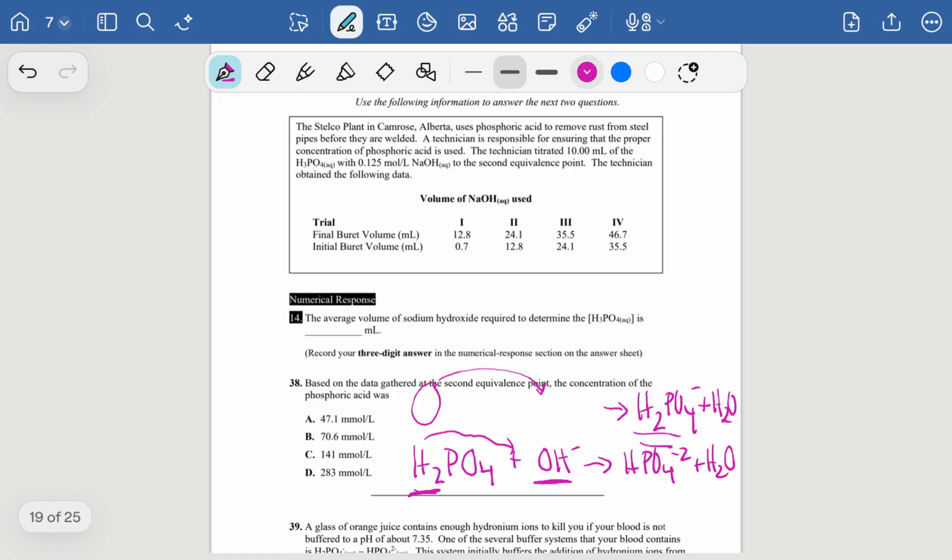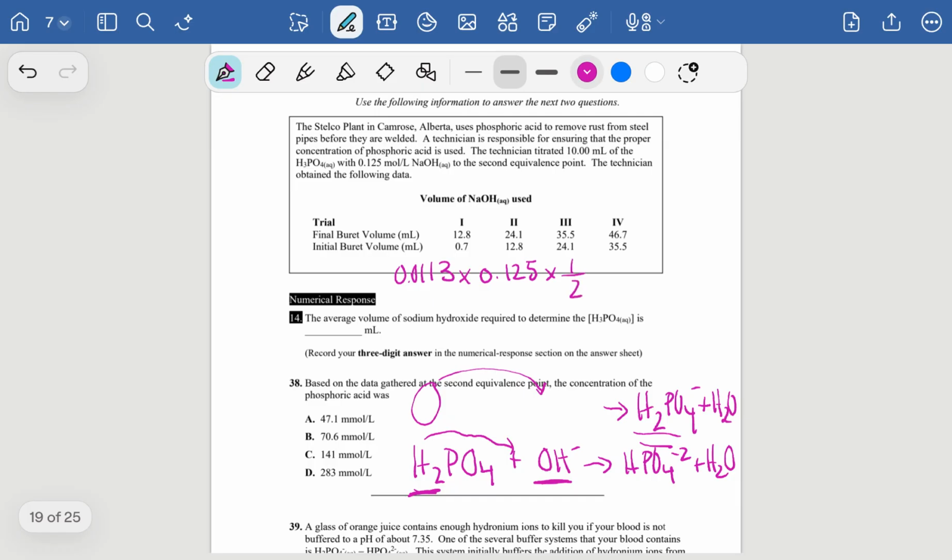So when you go to fill this out, you definitely will need your average volume. So 0.0113, and then, oh, sorry, there should be an extra 0 in here. And then you're going to multiply this by your concentration of the NaOH. But instead of multiplying by a 1-to-3 ratio, it's going to be a 1-to-2 ratio.